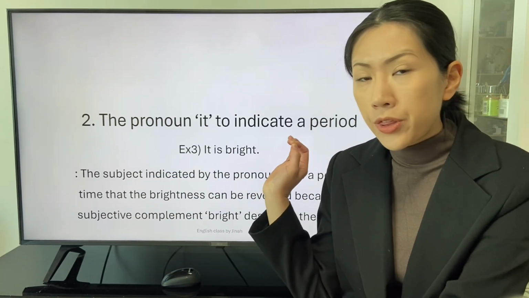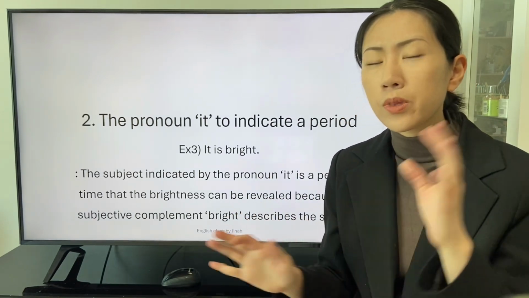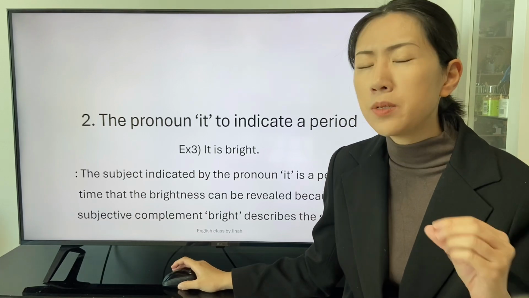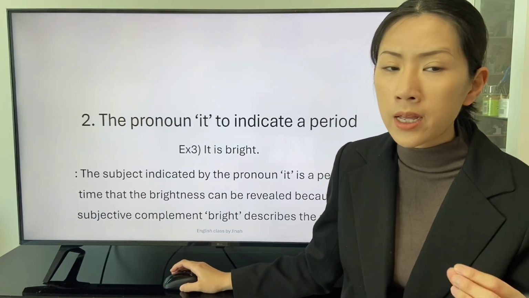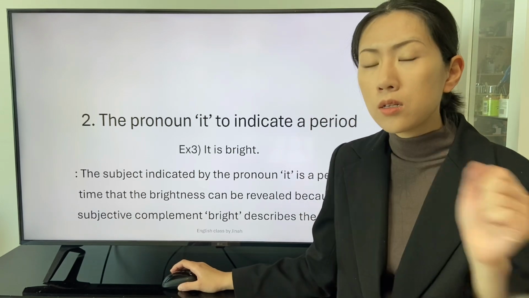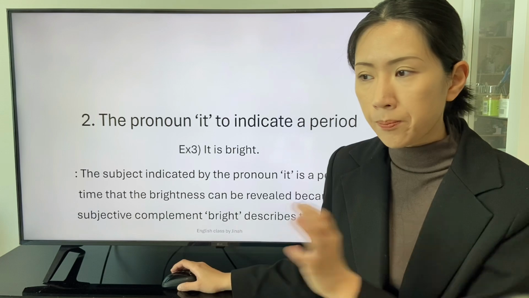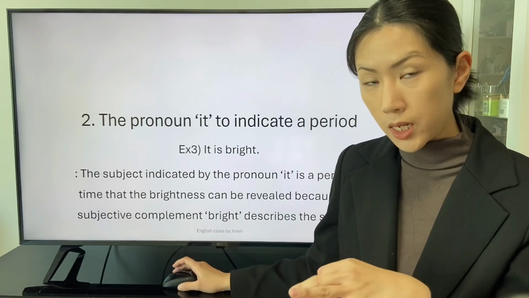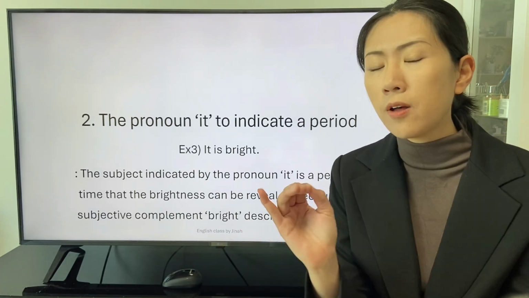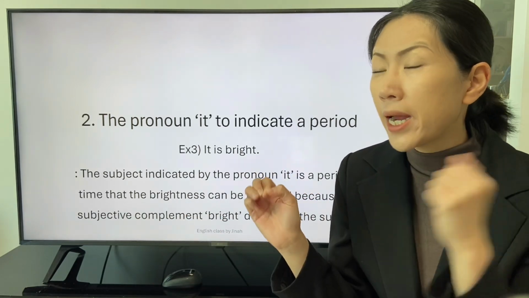There is the third exemplary clause. It is bright. The subjective complement bright describes how the subject is. The subject indicated by the impersonal pronoun it should be a period of time that can reveal the brightness.